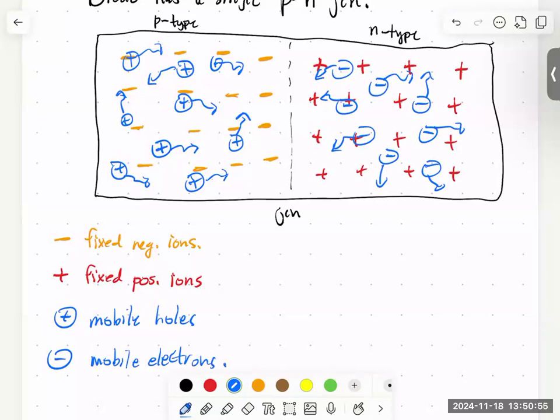And in the last 30 seconds, let me just tell you what we'll talk about next time we pick this up. At this junction, I've intentionally not drawn the mobile charges right close to this junction, because if you have a hole and an electron come together, they can cancel each other out. The electron fills the hole.